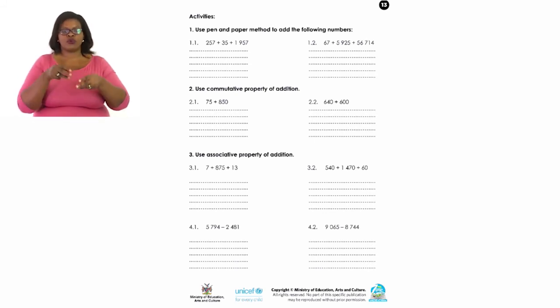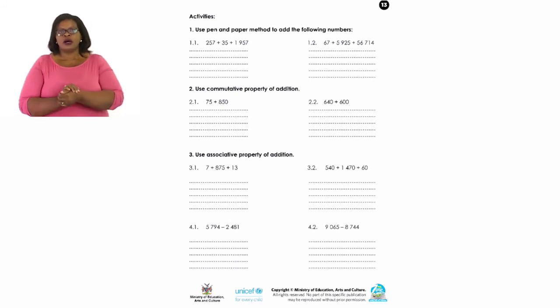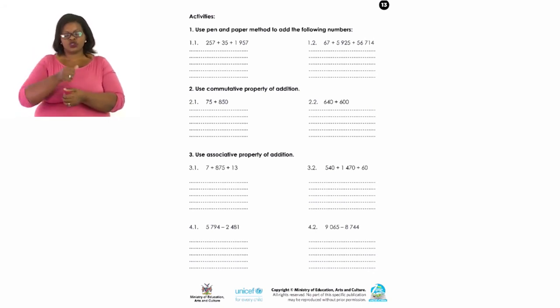Number 2, use the commutative property of addition. 2.1, 75 plus 850 and 2.2, 640 plus 600. Remember, apply the commutative property here, guys.